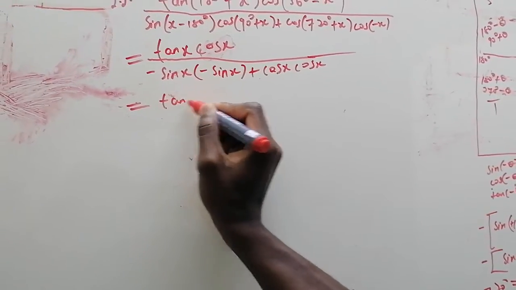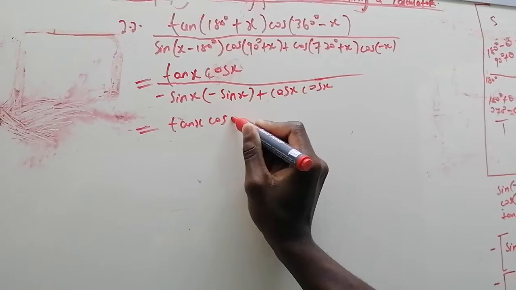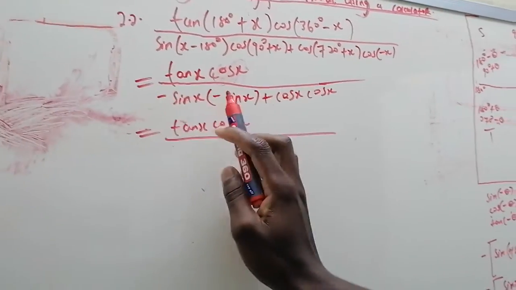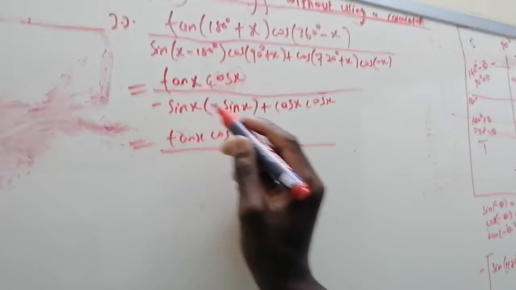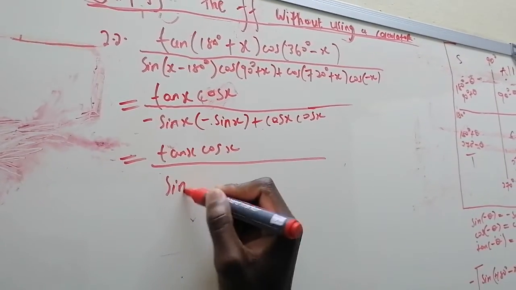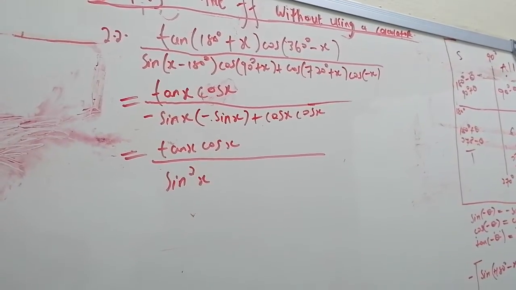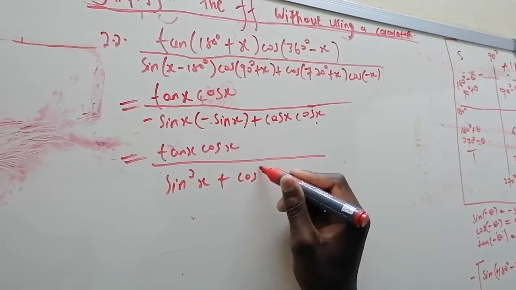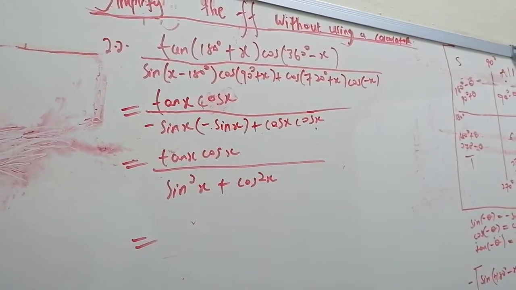Therefore, tan x cos x all over. Negative times negative will be positive. Sin x times sin x is sine squared x, plus cos x times cos x will be cos squared x.